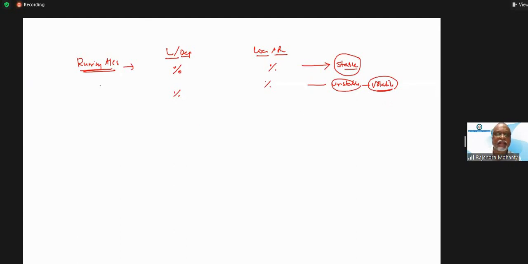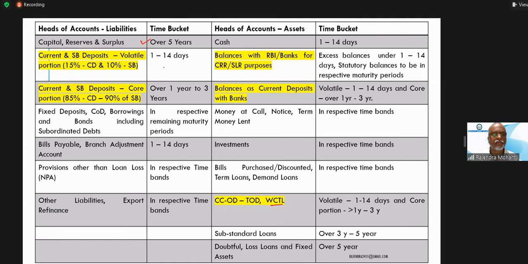So it is said that, as regards the savings account, 15% of the entire savings account is volatile in nature.